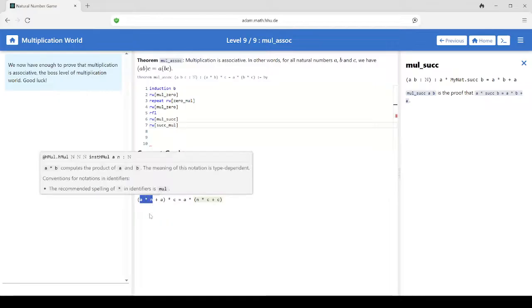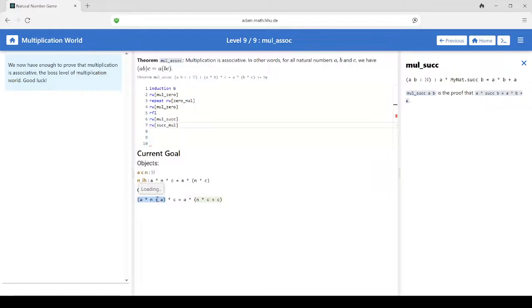Can I switch? If I switch these around, will this change? Right, we're still multiplying these first and then adding a.